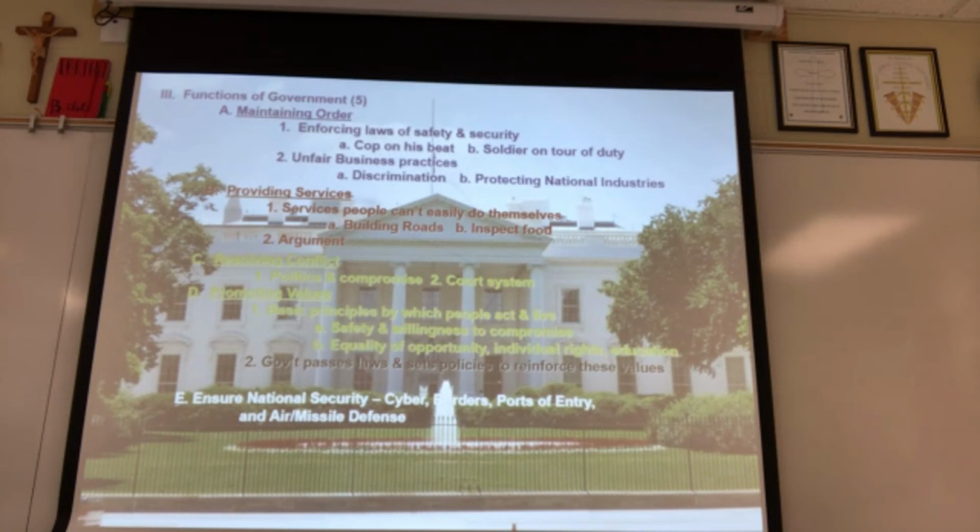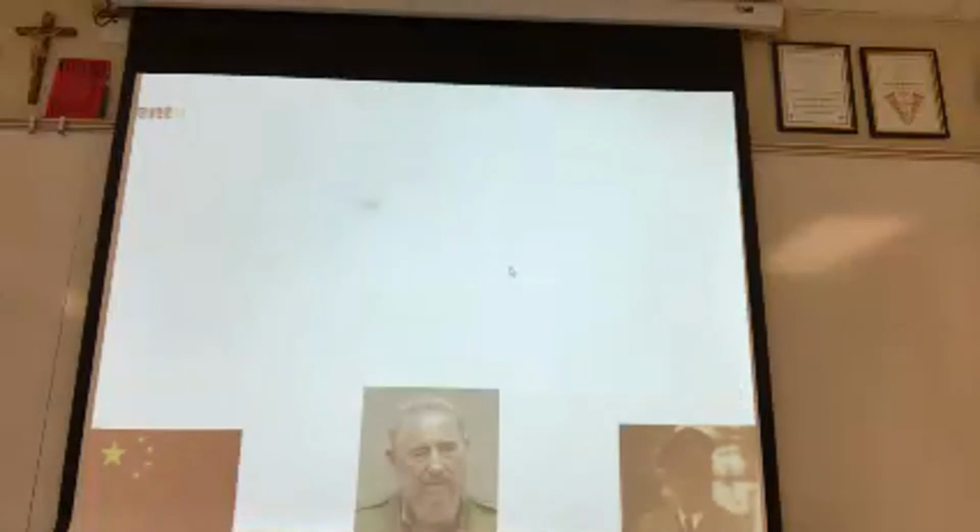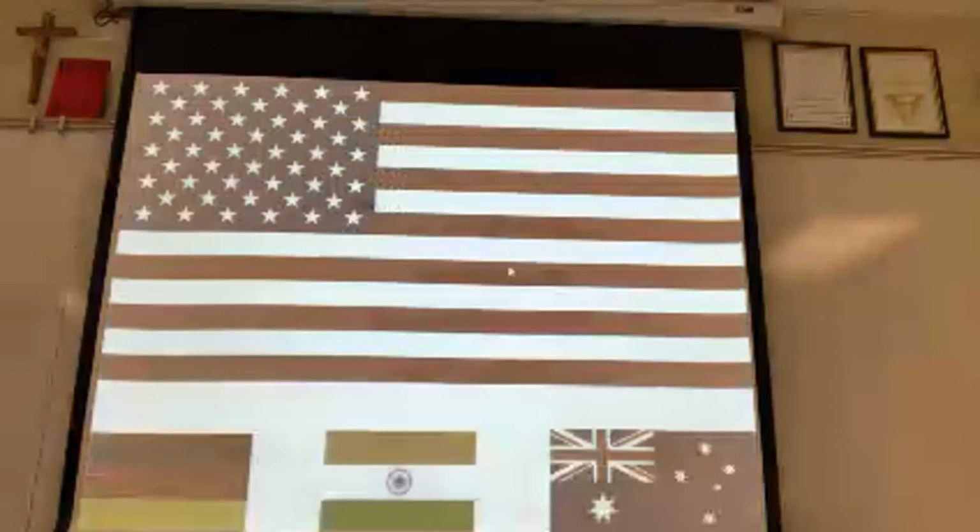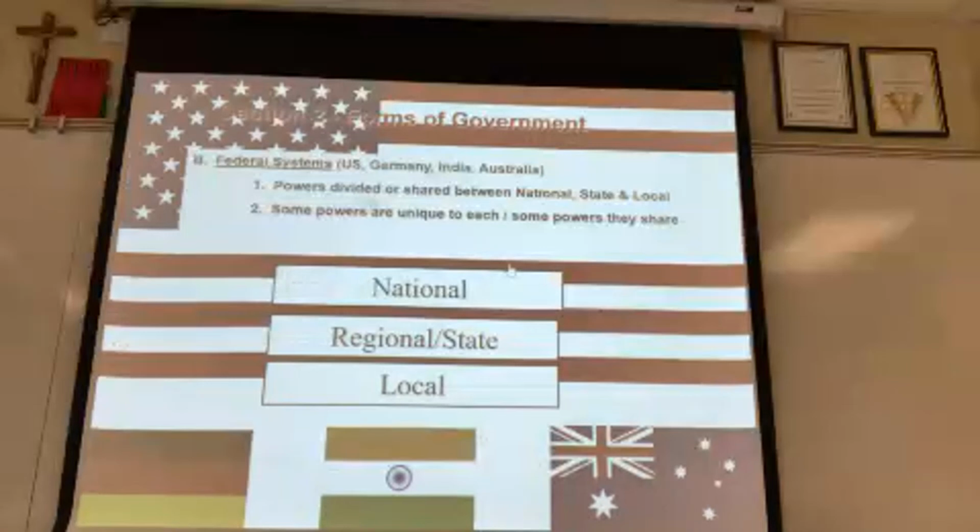Federal system. Okay. So one I asked you to put a star next to. Sharing or division of powers between national, state, and local governments.